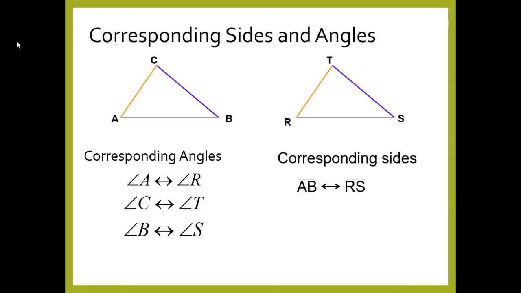They're in the same position on the triangle. The same can be said for side BC and side ST. They're in the same place in the triangle, so they are corresponding. And lastly, we have side AC and side RT. They are also a set of corresponding sides.